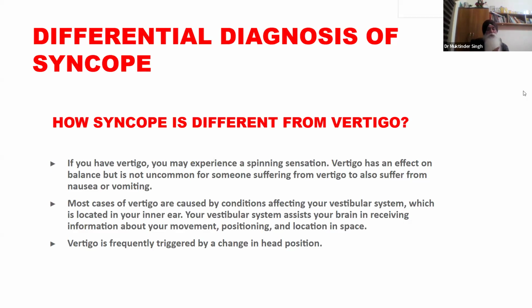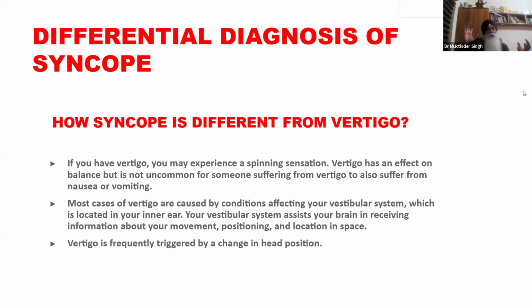Your vestibular system assists your brain in receiving information about your movement, positioning, and location in space. This system has the proprioceptive sense and the vestibular sense. These days in autistic kids, we work on these. So these are the two senses, sense of balance and sense of space.